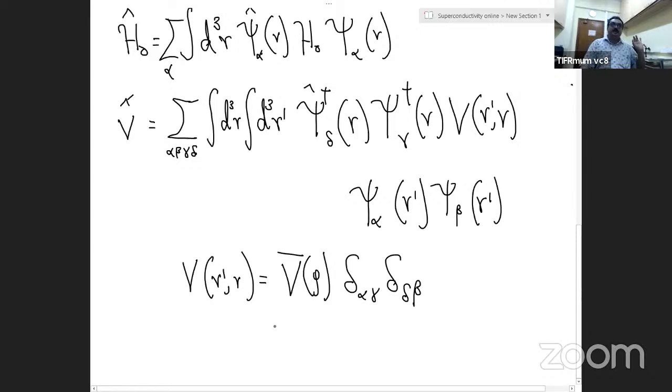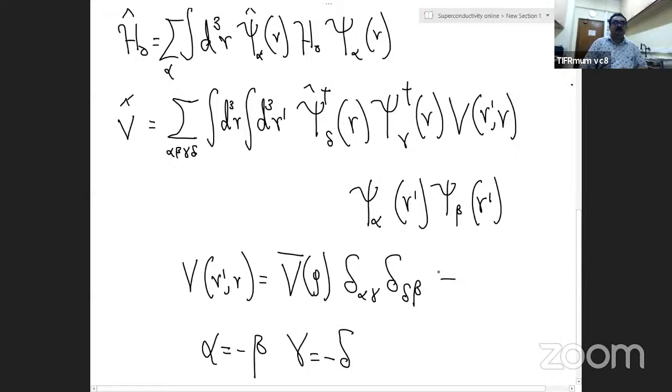However, this spin conserving scattering will still allow for singlet and triplet. So just like I did in BCS, I will keep only singlet. I will make it even more restrictive. I will say that alpha equals minus beta and gamma equals minus delta.